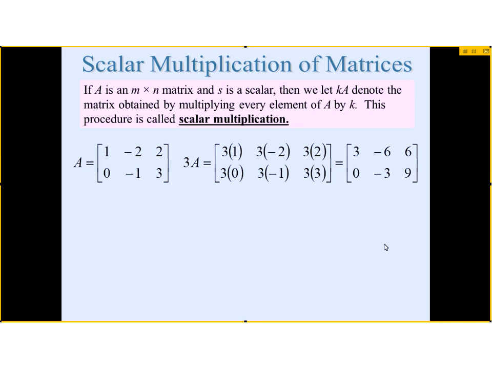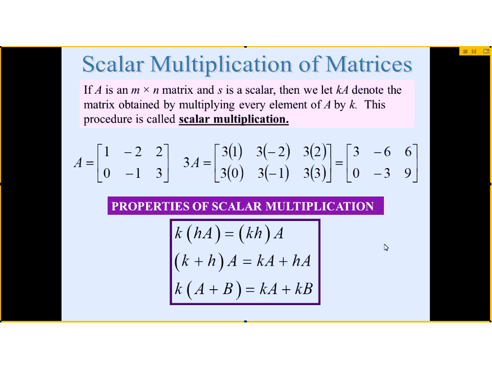Then we get the final matrix. So this is the law of the matrix. If we multiply any scalar to the matrix A, that is KA, then the whole matrix is multiplied by that element. This is called the scalar multiplication of the matrix.